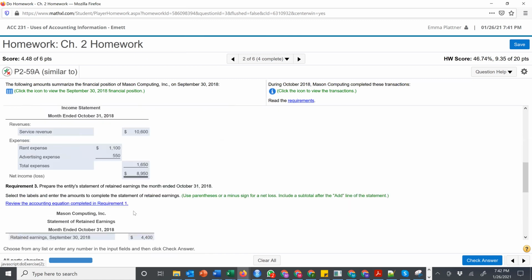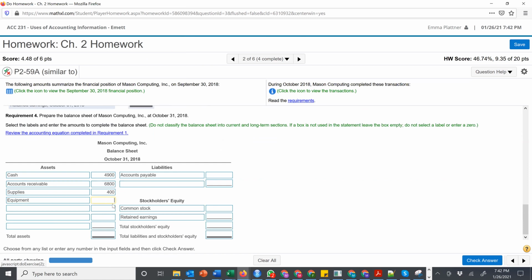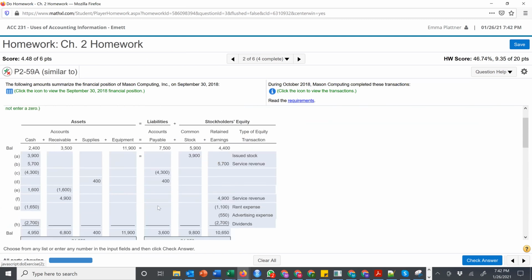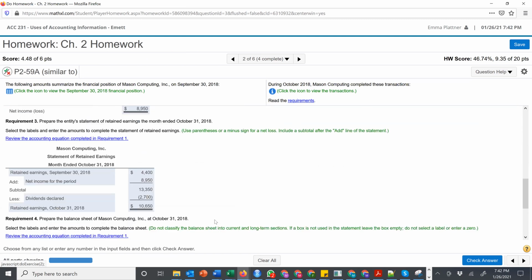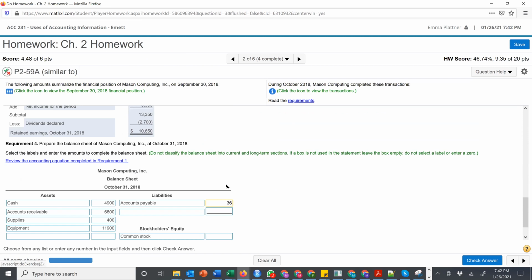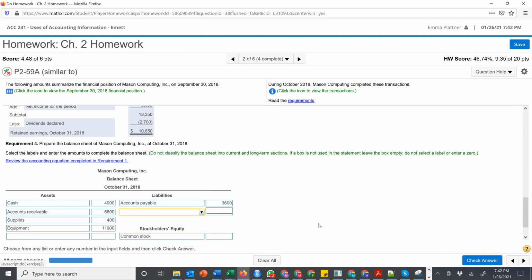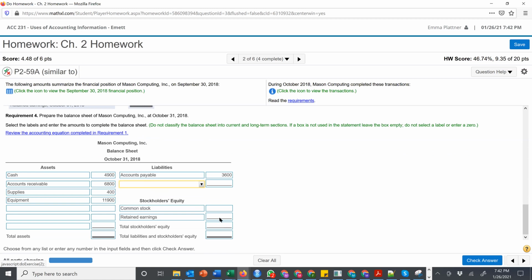Equipment is 11,900. So we'll add that up for total assets. Accounts payable is 3,600. And I guess this is like total. I don't know. Maybe it's empty.